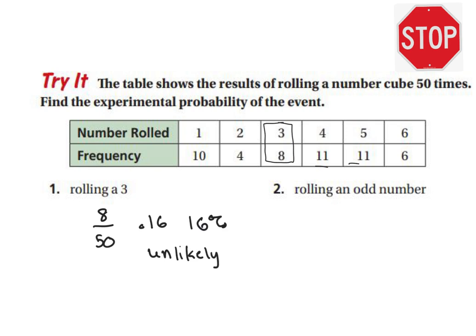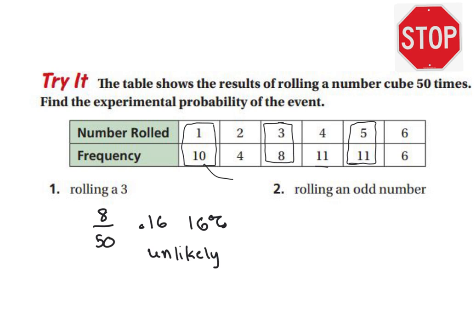But when you get to a situation where you are rolling a number cube with 6 possible outcomes, all of the events technically would be considered unlikely, just because there's so many different possible outcomes. So now we look at rolling an odd number. So we have 1, 3, and 5.